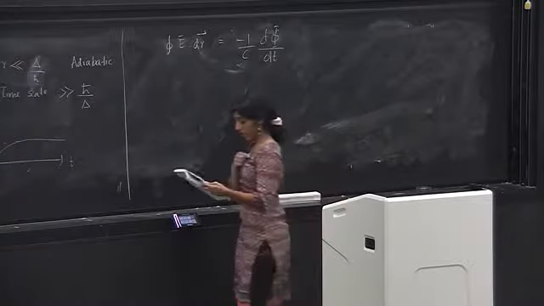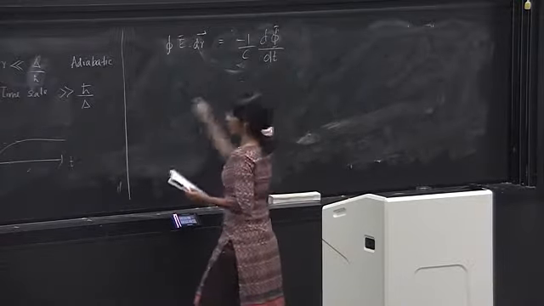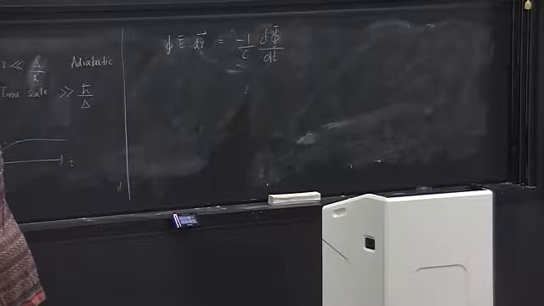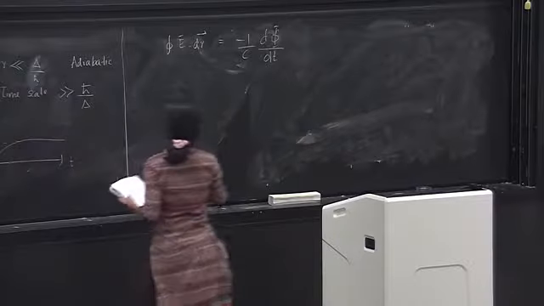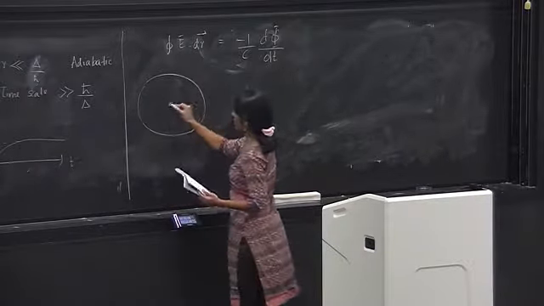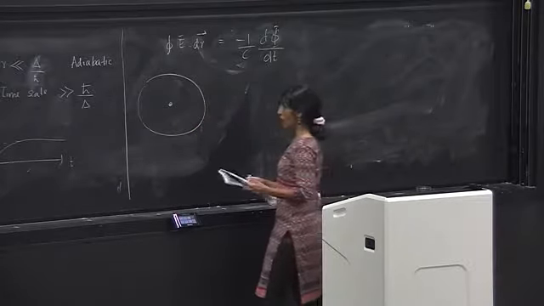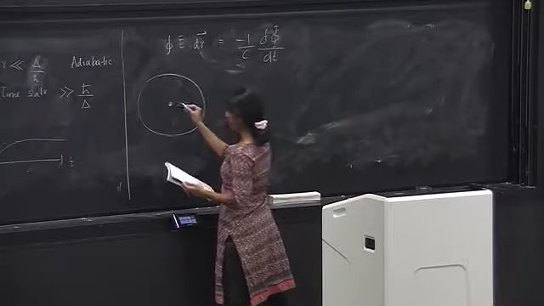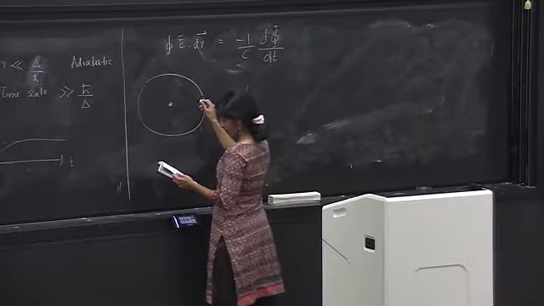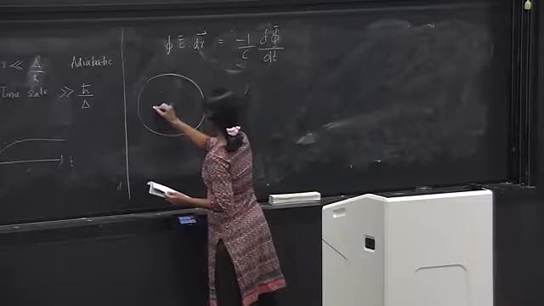Okay, so changing the flux, let's focus on the North Pole for a minute, and then the same story will apply to the South Pole. So near the North Pole, zooming in on it, looking from above, here is my solenoid, and the changing flux through it induces an electric field that's going to be tangential.